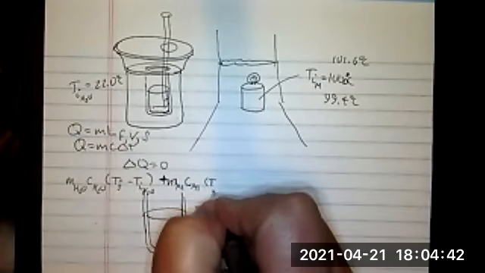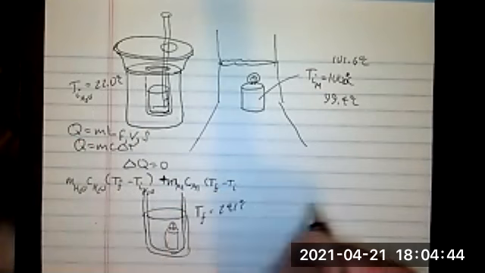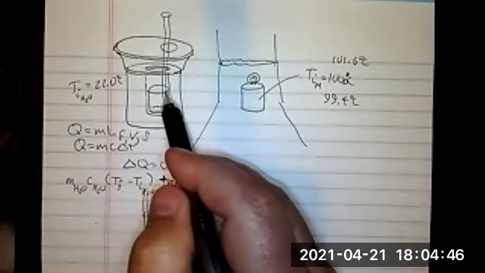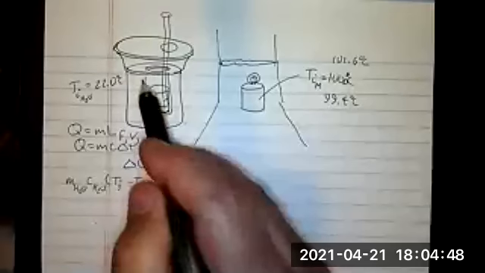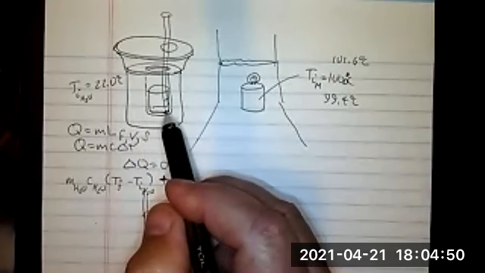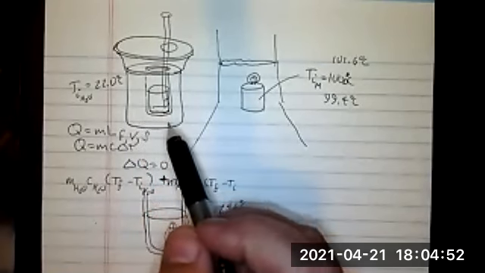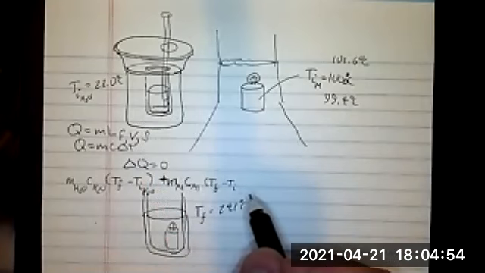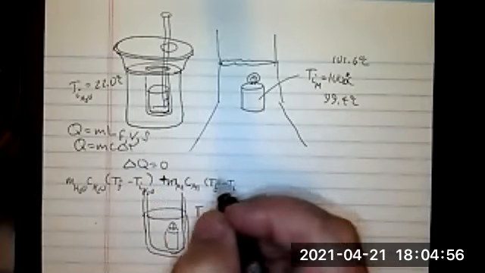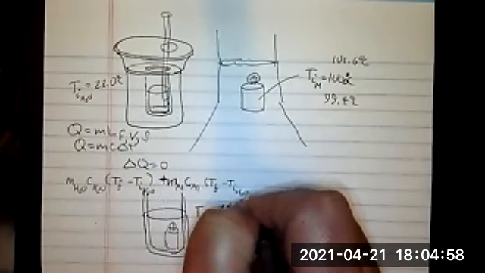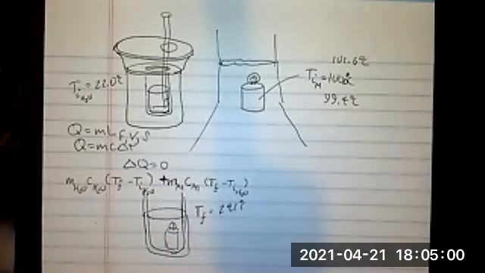So again, I'll say T final minus T. And since we allowed the water and the thermometer and the aluminum cup to sit there long enough for the thermometer to stop moving, then we know the aluminum's actually reached equilibrium with the water. So I'm using the initial temperature of the water because that should be the same as the initial temperature of the cup. Okay, so that's two parts of the system, the water and the cup.